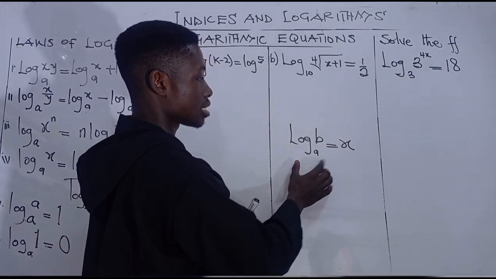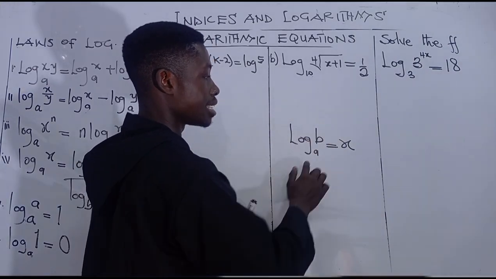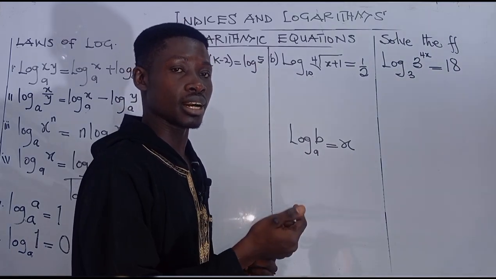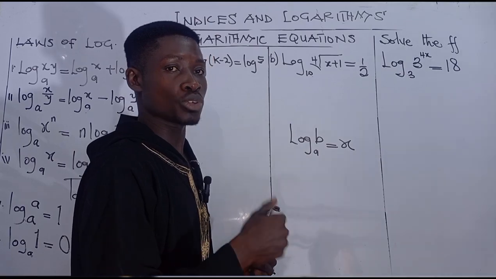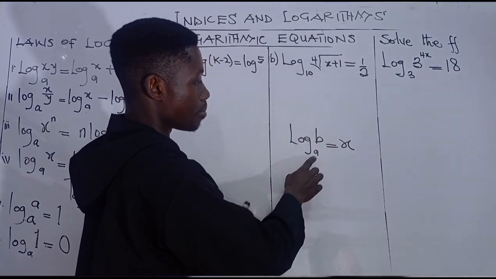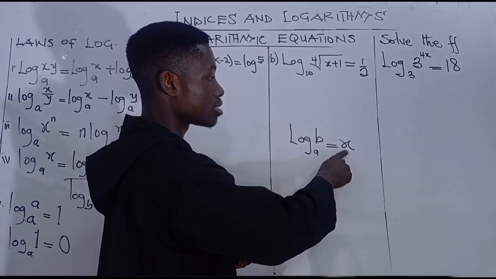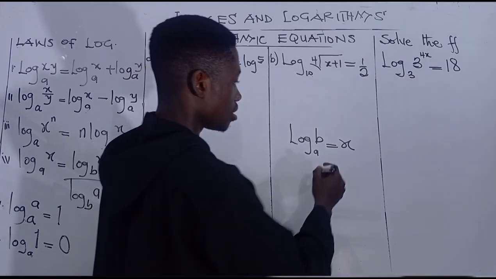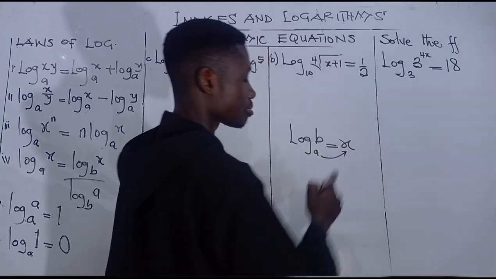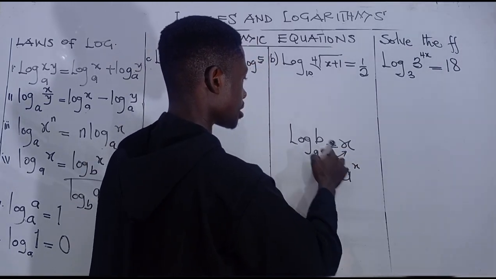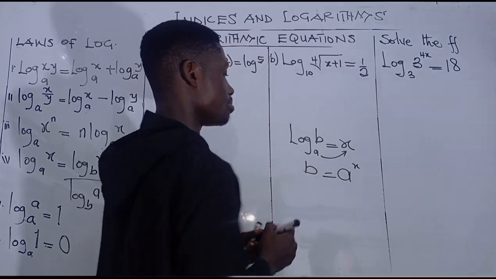We also said that we can transform this logarithmic equation into an exponential equation. In doing that, the base of the logarithm will move and become the base of the exponent. So you have a raised to the power x, we are left with b.